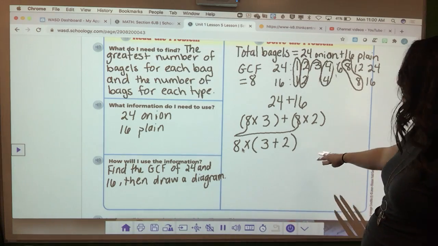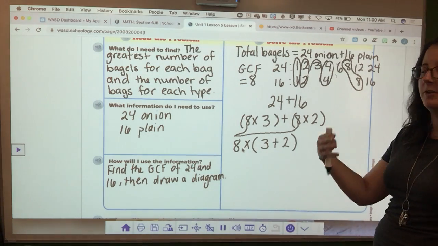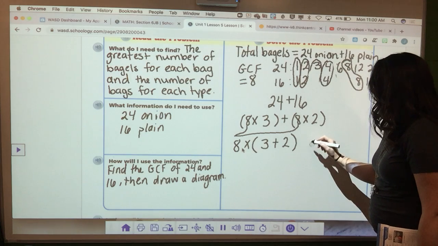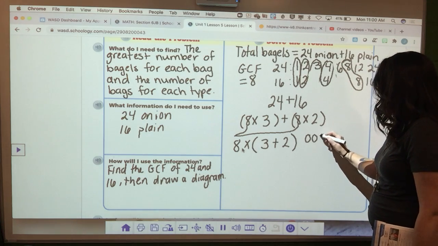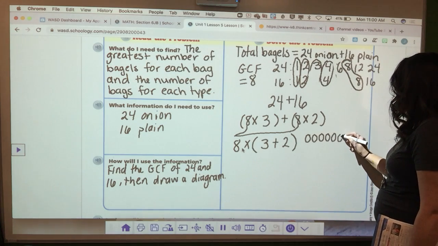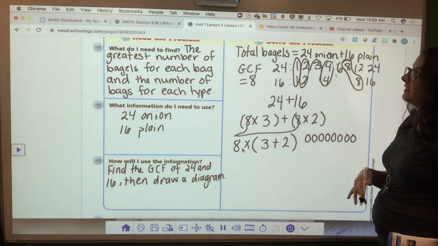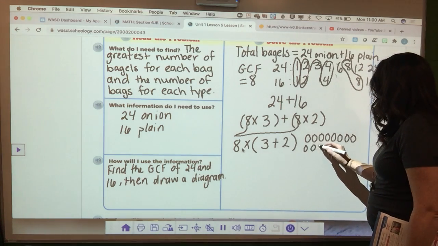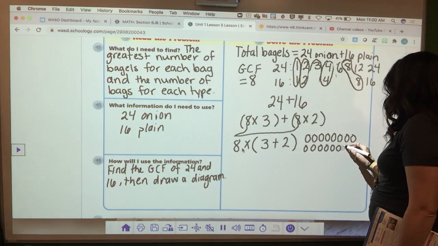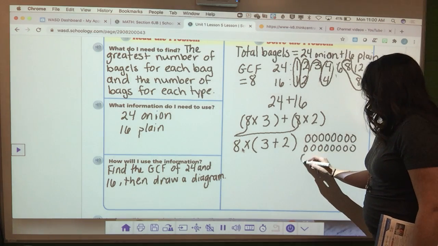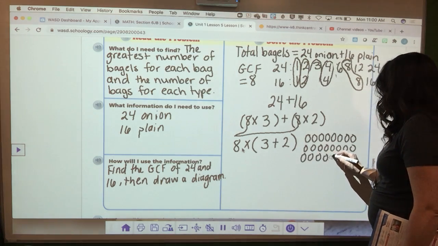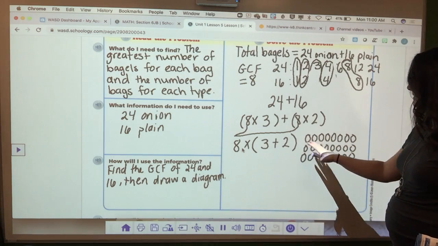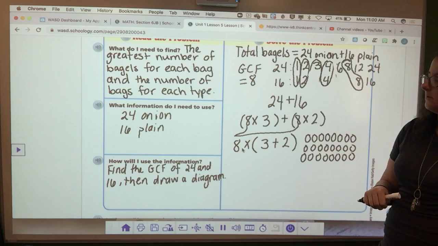And now I'm going to draw it out in the diagram just to help you visualize it a little bit better. So, starting with onion, I'm going to make O's. 1, 2, 3, 4, 5, 6, 7, 8, because there are 8 in each bag. There are 3 bags of 8 onion bagels.